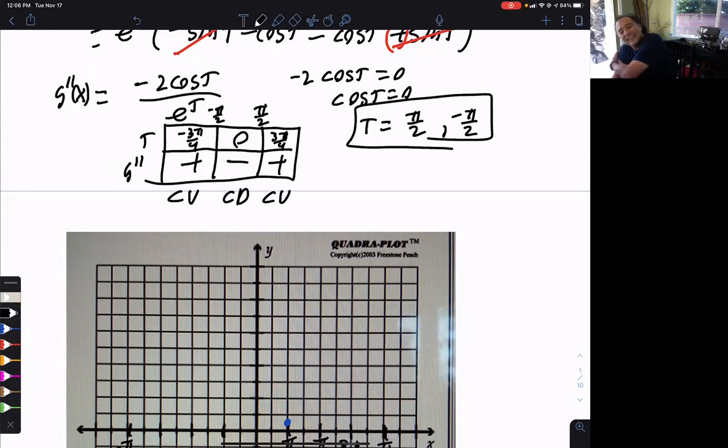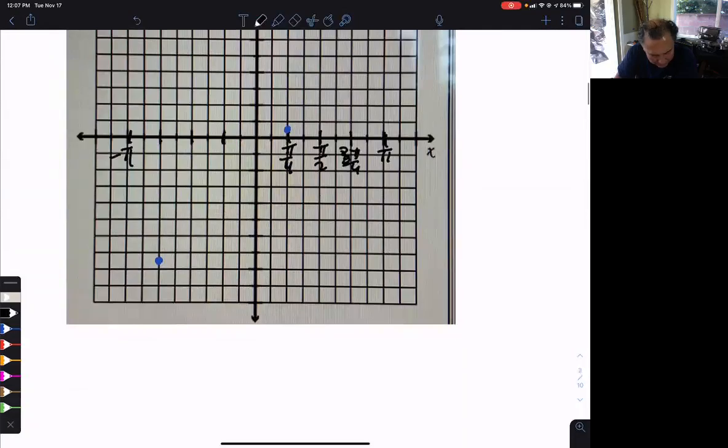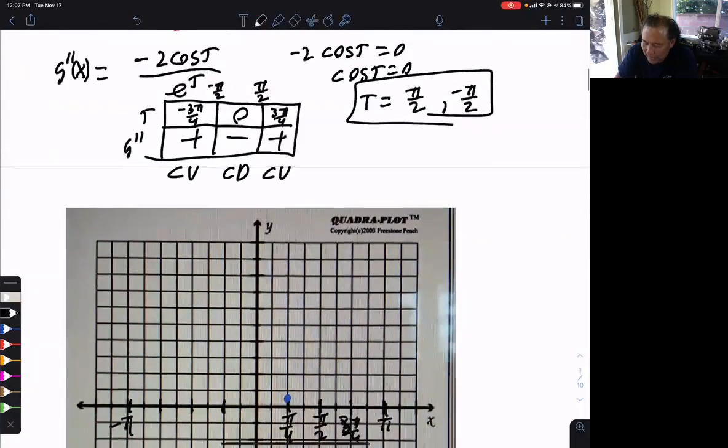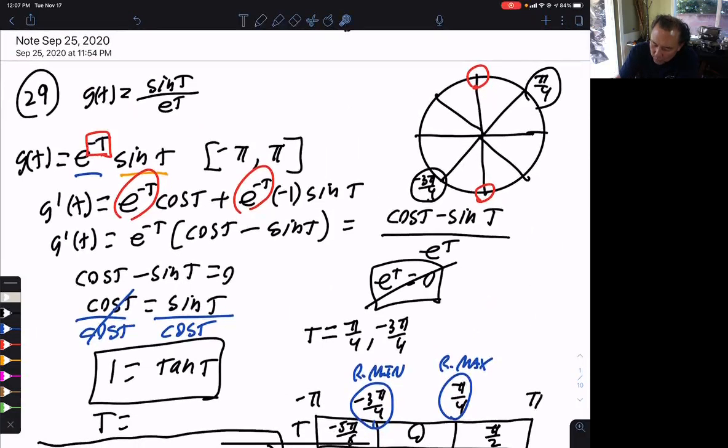Okay, let's keep going. This is like tiring. We need to find out our endpoints. What happens at our endpoints to finish our graph off? What happens at negative pi and pi? So g at negative pi will be sine of negative pi, which is 0. That's easy.